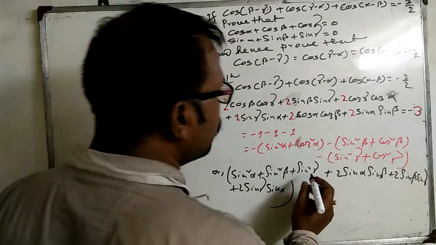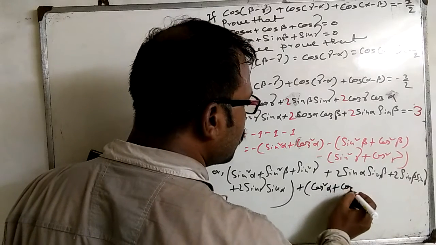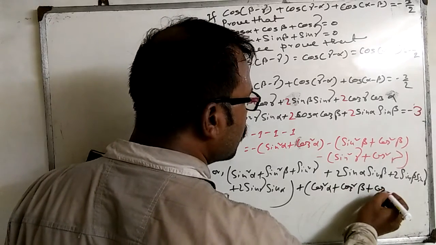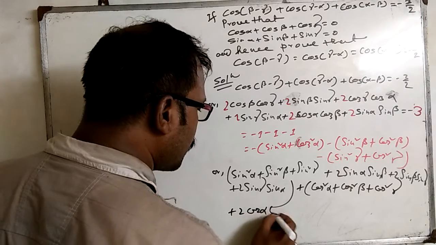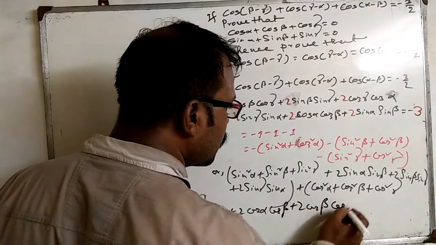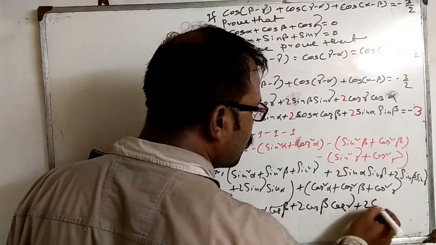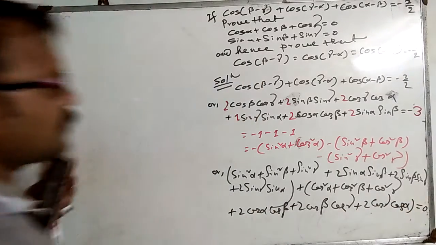And similarly we can write plus cos square alpha, cos square beta, cos square gamma plus 2 cos alpha cos beta plus 2 cos beta cos gamma plus 2 cos gamma cos alpha equals 0.